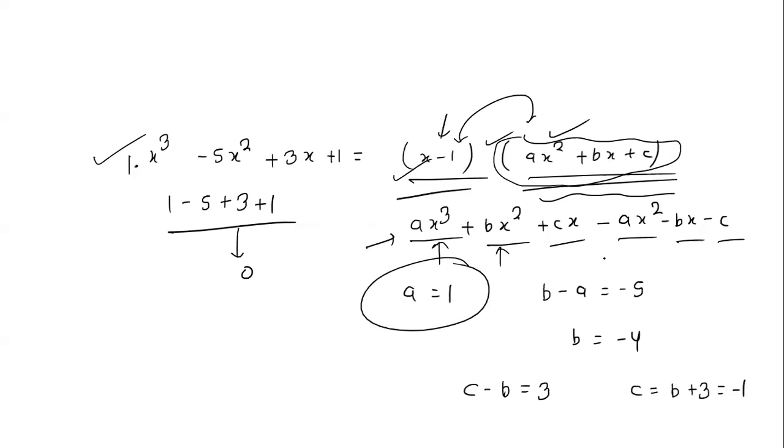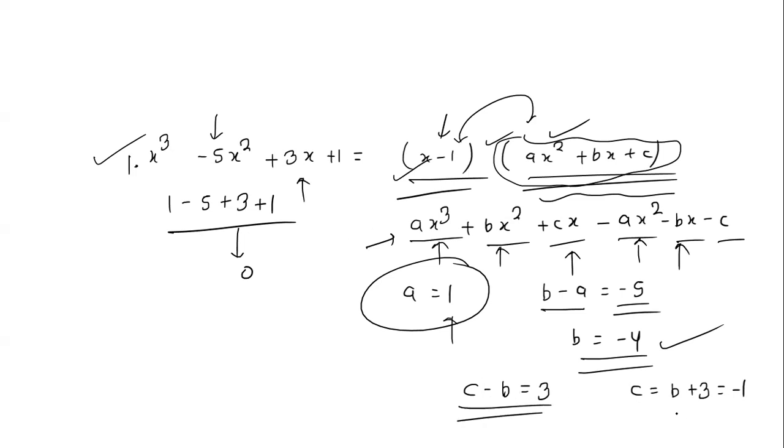And here it is bx square minus ax square, so b minus a is the coefficient of x square, and here it is minus 5. You equate this, and if you put a is equal to 1, you get b is equal to minus 4. Linear is cx and minus bx, so c minus b is the coefficient of linear and here it is 3. You put b is equal to minus 4, you get c is equal to minus 1.